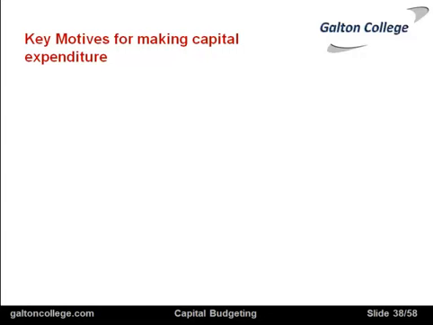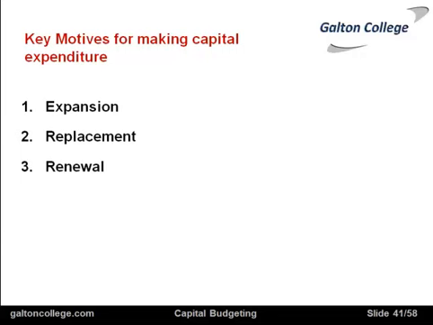Now, what are the key motives for making capital expenditure? Well, to expand the business. Yes, making a further investment does expand the business. It could be to replace existing capital. Perhaps it's worn out or becomes obsolete, perhaps the market trends are such that a new technology is required to produce something.